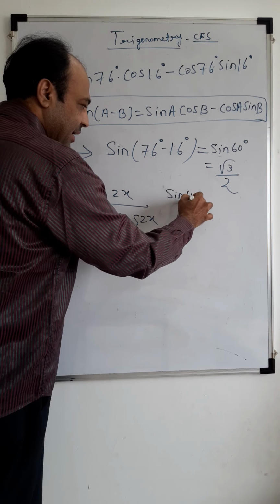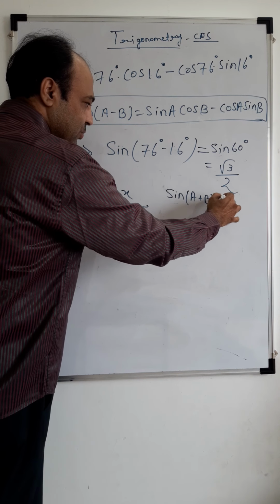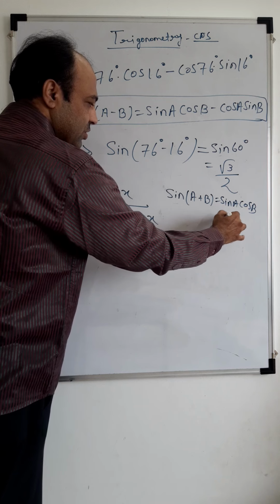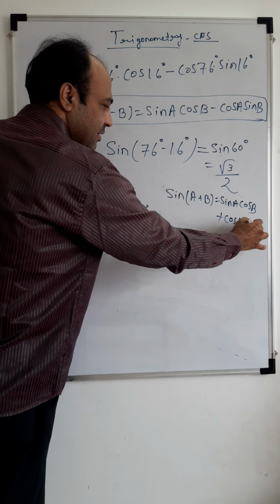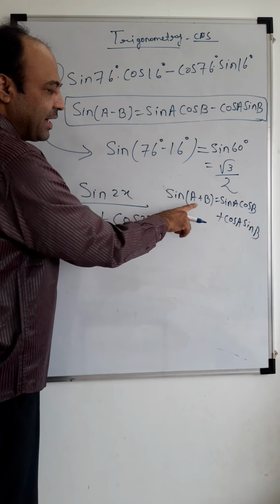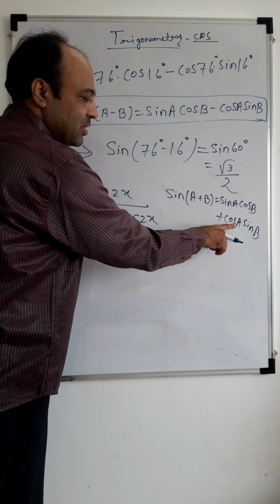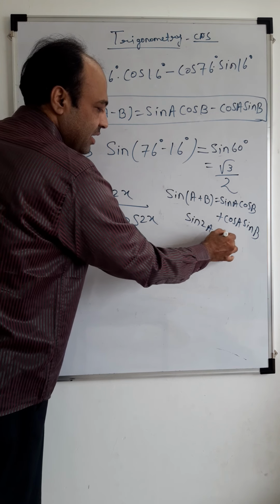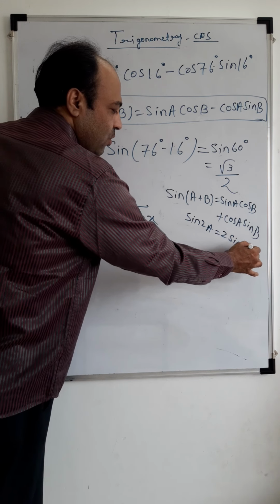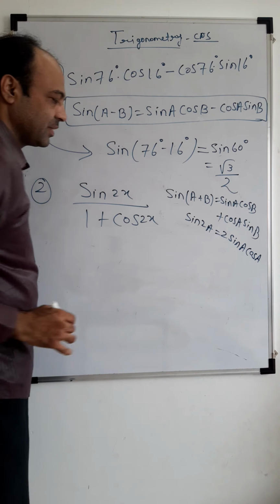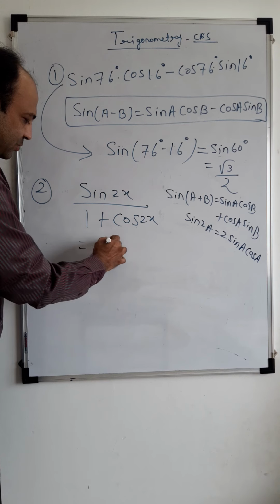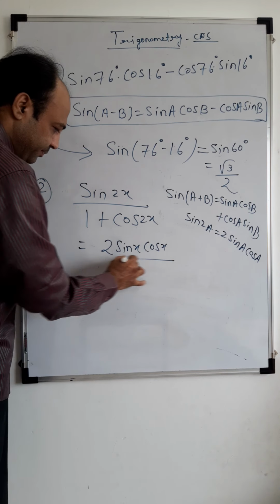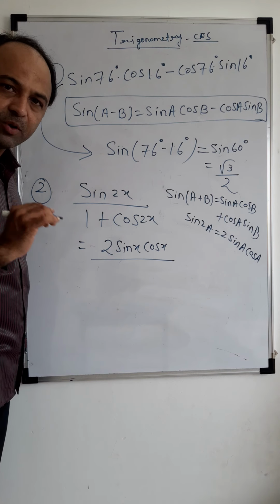In sin(a+b), which is sin a cos b plus cos a sin b, if you put a in place of b, you get sin a cos a plus cos a sin a, that becomes sin 2a, which is 2 sin a into cos a. So we can write sin 2x as 2 sin x into cos x, with the help of the sin 2a formula.